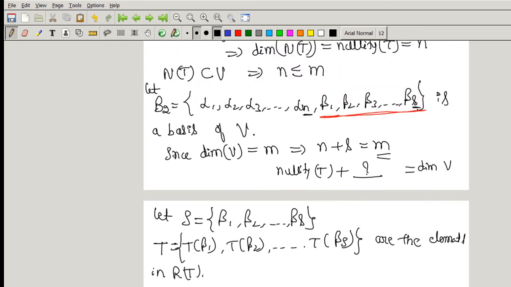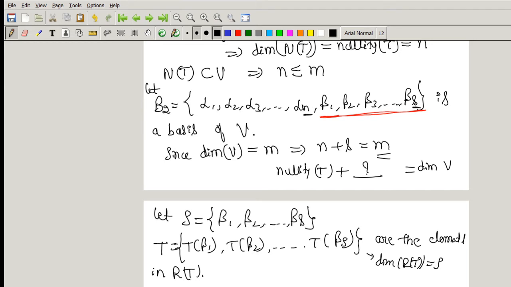Suppose this set contains s elements. Clearly it contains s elements, therefore their image also contains s elements. Suppose this set is a basis, then the number of elements in this basis is s. Therefore, this becomes the rank of T, the dimension of R of T. R of T is always a subspace of the codomain space, and the dimension of R of T is equal to s.